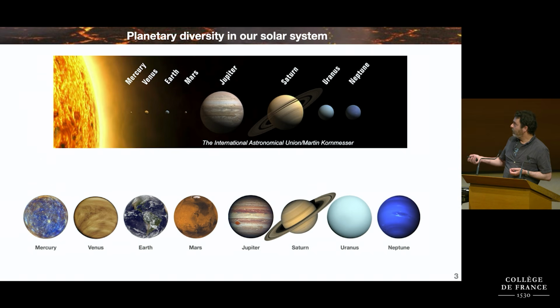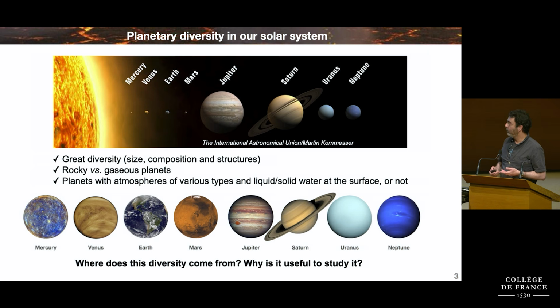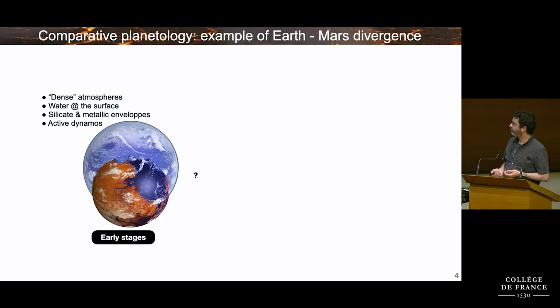And there's a great variety between these planets in terms of size, in terms of composition, of course, in terms of atmosphere. And so the idea of comparative planetology is that if we study this diversity, it can teach us a lot of things about our own planet. So that's the motivation behind that.